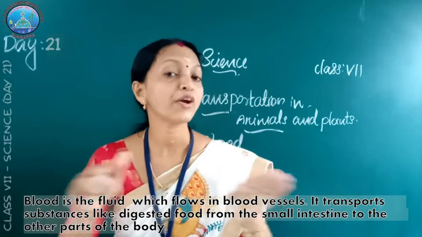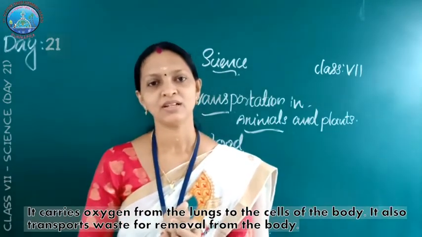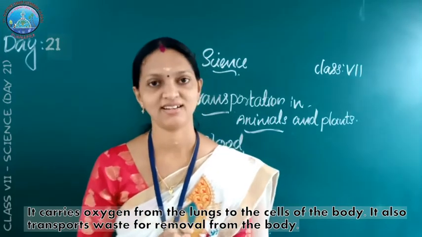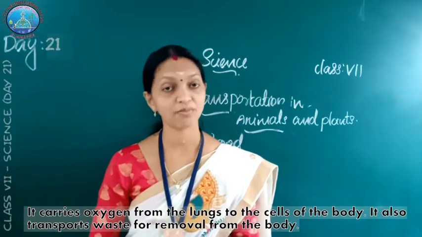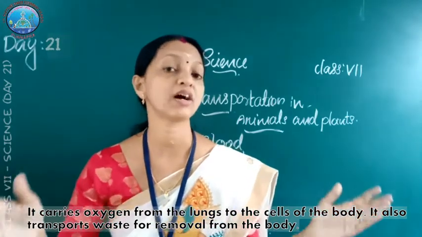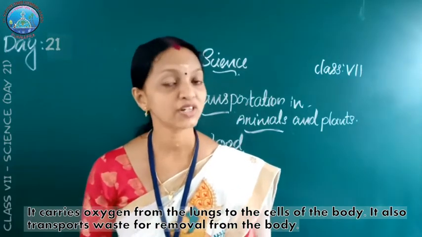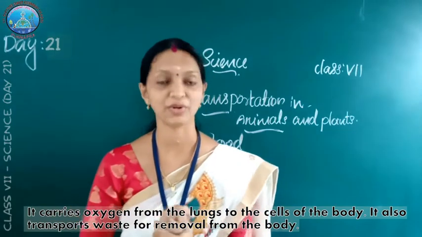And blood flows through the blood vessels in our body. So in our body, the blood has certain functions. The blood carries oxygenated blood from the lungs to all parts of the body, or to the cells of the body, and the digested food from the small intestine to all parts of the body.